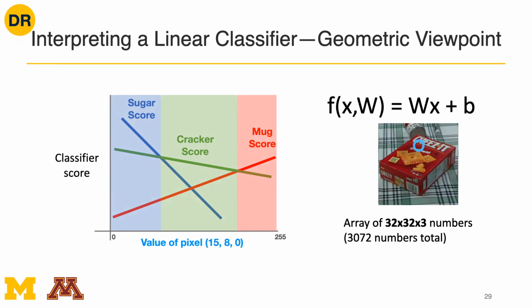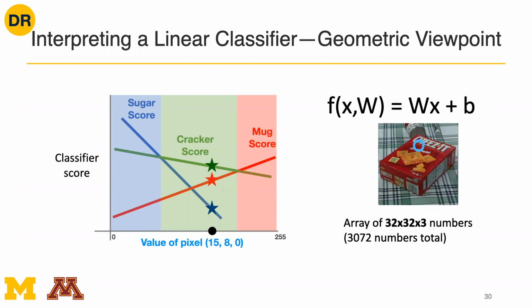In this scenario, let's say it's more towards the redder side. If you pick that particular value, you will see that it belongs to the cracker or the pizza box in this case.